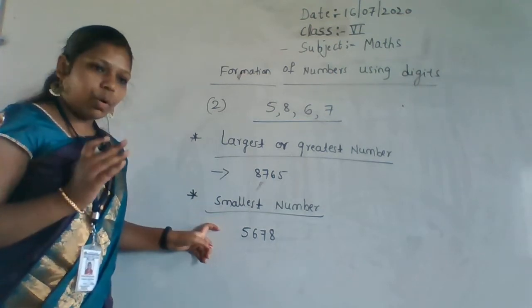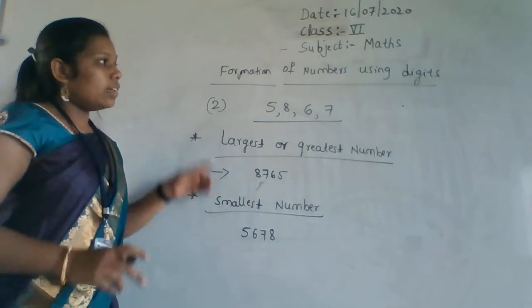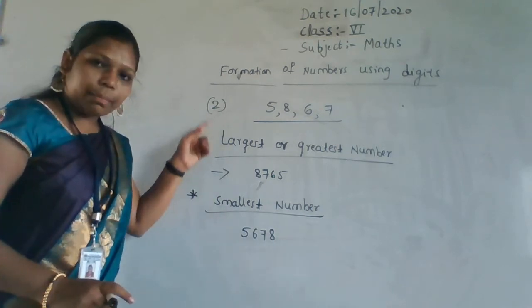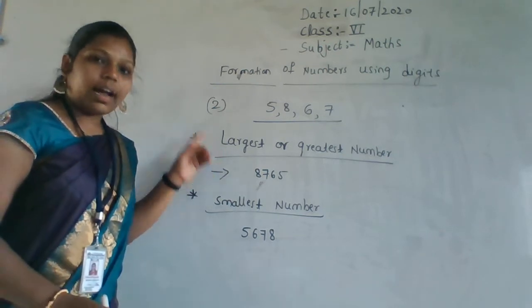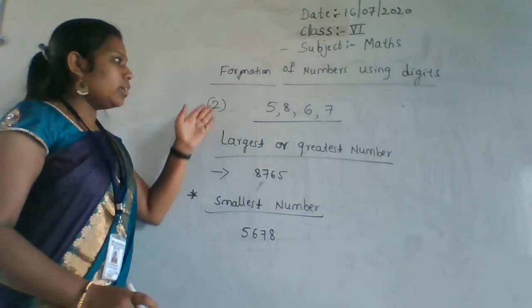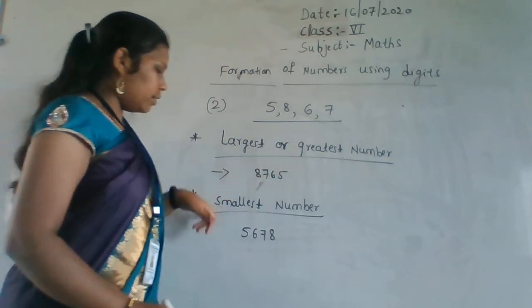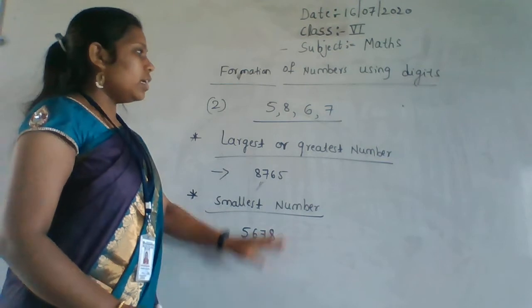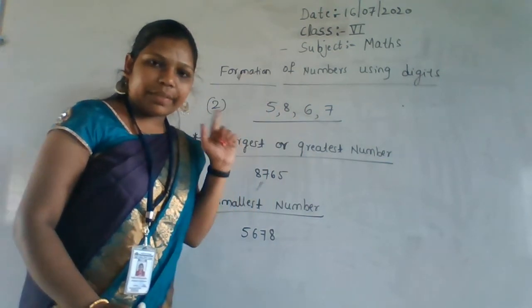Please go through the ascending as well as the descending order. I already discussed that in the beginning of the class, so please concentrate here, observe properly and do it in your home. These are the largest or greatest number and this is the smallest number using these 4 digits. Getting everyone? Okay.